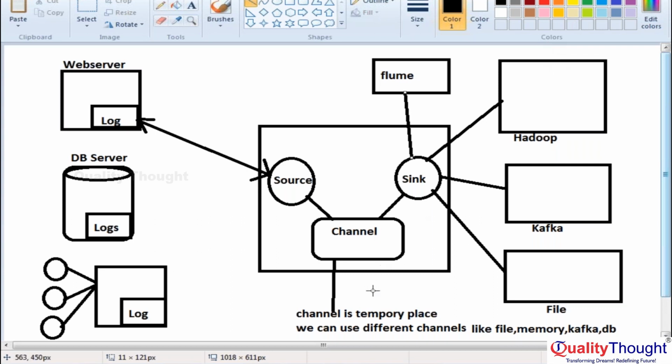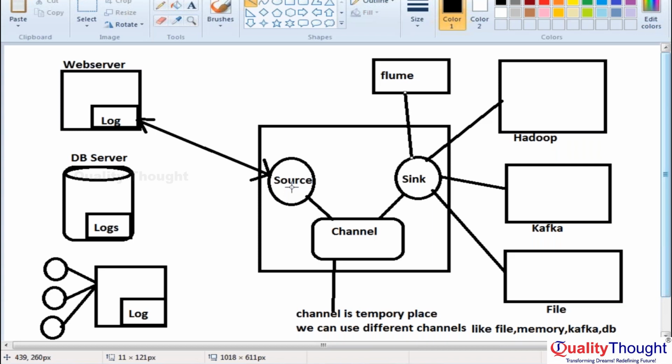Here you can use Kafka also as a source. Why do we need a separate channel here? For example, we could connect source directly to sink, right? But there may be a chance of data failure.